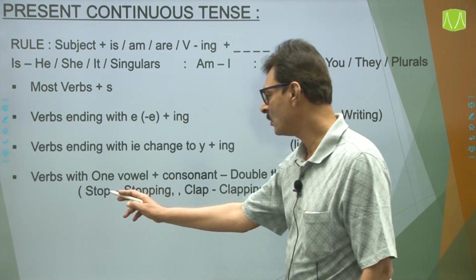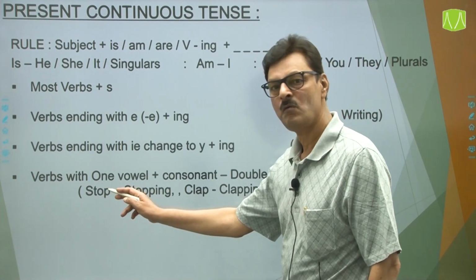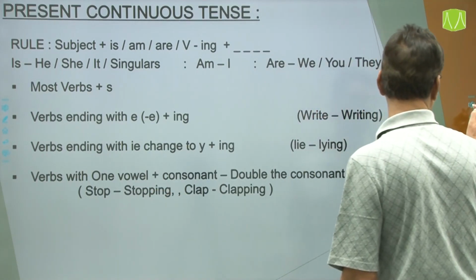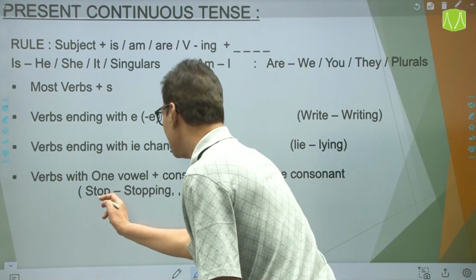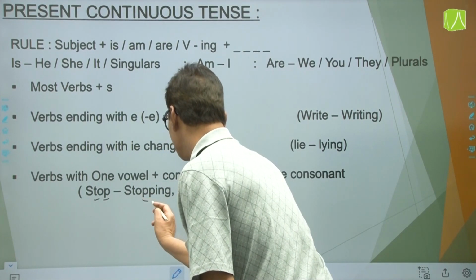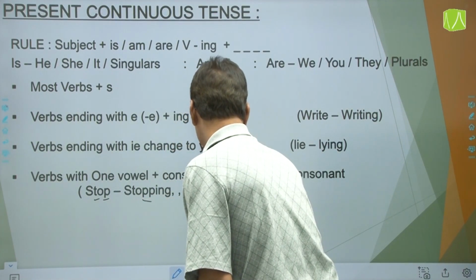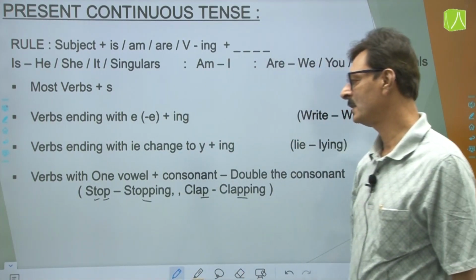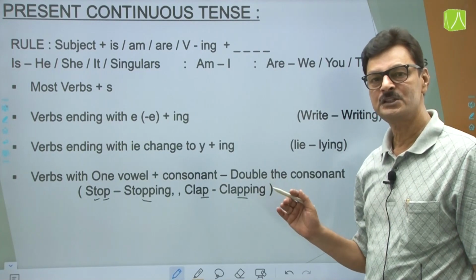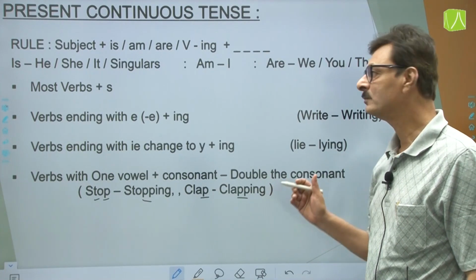Stop, one vowel, one consonant. इसके अंदर क्या होगा? डबल पी हो जाएगा. Yes, one vowel, one consonant. So this consonant is double p हो जाएगा. जैसे इसके अंदर clap, it will become clapping. Yes, so this is the way how the verbs are changed into the ing form.